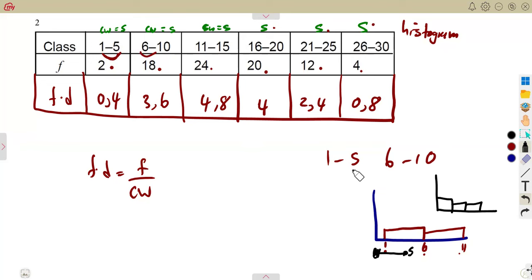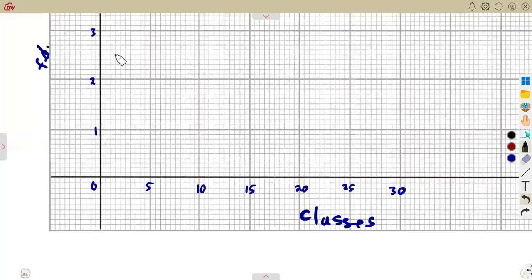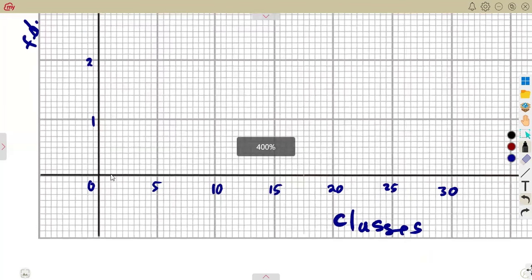That is where this now plays a role. Instead of 1 to 5, you can start from 0 to 5, which is 5 boxes here. Or you start at 1, maybe 2 boxes, and it must end at 6, so it will be 1 to 6.